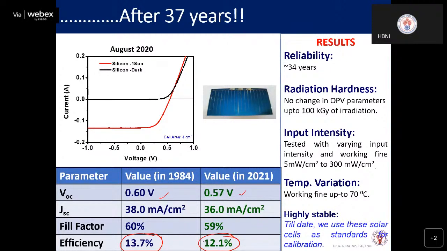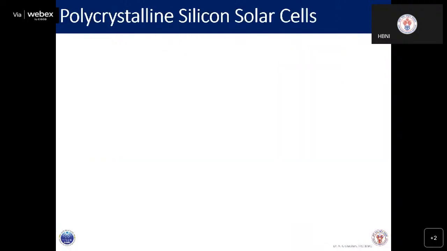This variation could be due to some statistical error also. That shows that silicon solar cells are actually very reliable, and their long-term stability is also good. So they can work for at least 40, 50 years. That is proven. It can go for a longer time also, but 40, 50 years, 37 years, I have already shown you.